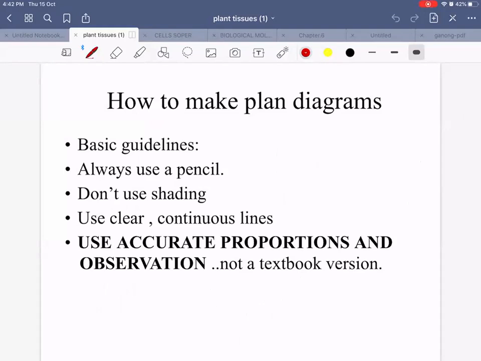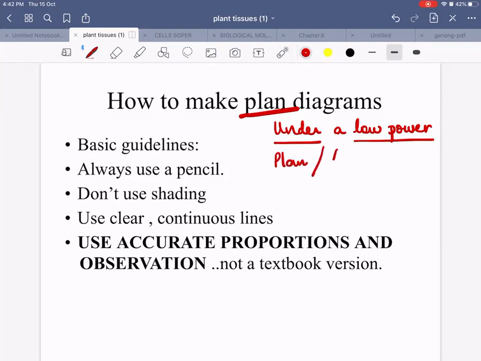That's the hallmark of a plan diagram. The first point you need to remember is that whenever you're drawing a plan diagram, you're observing the slide under a low power. Always remember this. Such a diagram is known as either a plan diagram or a low power diagram.